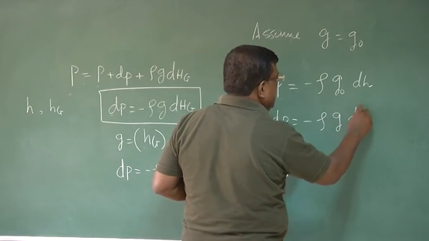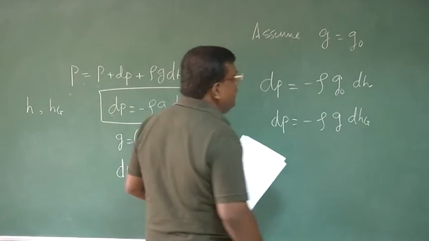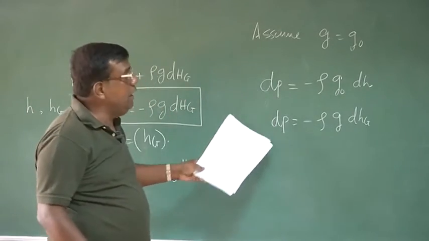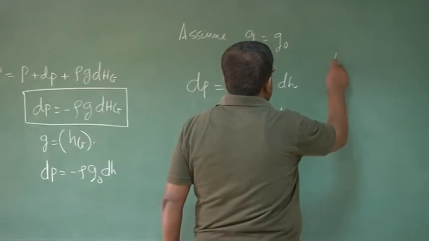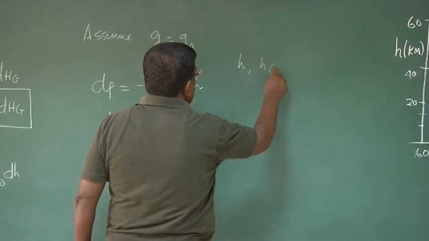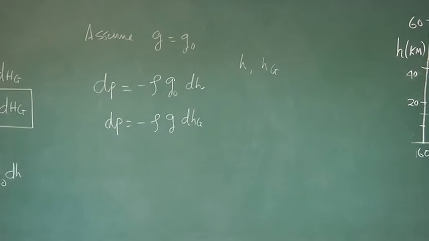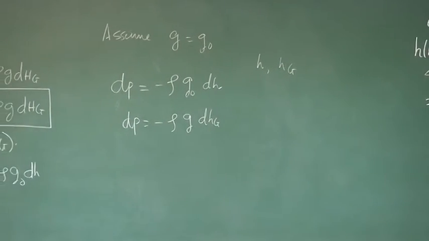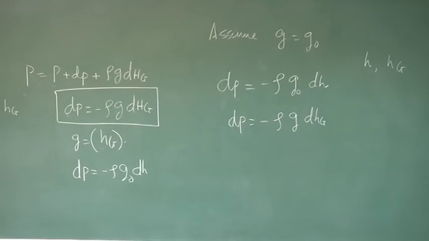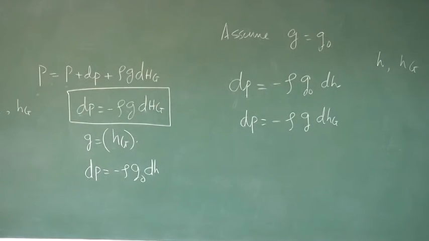For the same differential pressure, I am writing minus rho G dHg. So definitely from this relation I can see that H and Hg are not the same, and by geometry also we know H and Hg should not be the same. Hg is because of the consideration of the atmosphere.